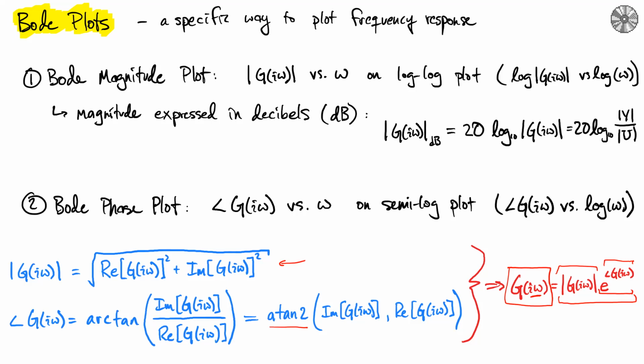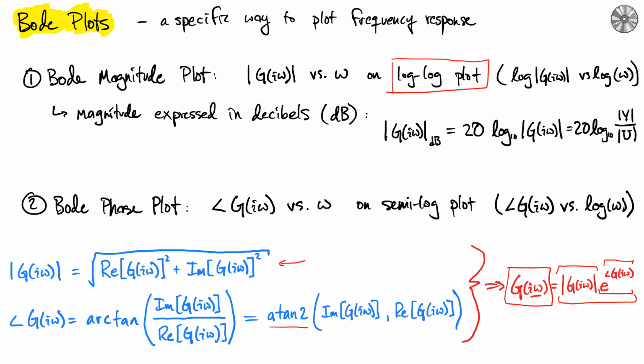So the Bode plots are fairly standard. They'd essentially be exactly what you would do if you tried to make a plot about this. The only special part is, so there's three things. It's the fact that the magnitude is on a log-log plot, which means that you take the log of the horizontal axis, the frequency, and a log of the magnitude of G of i omega.